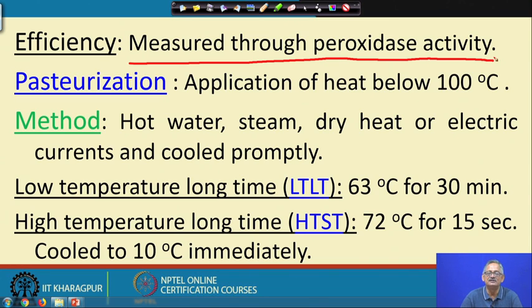Nowadays, whatever milk we get commercially, the milkman business has reduced drastically, and mostly we get it from cooperative systems like Amul or Mother Dairy.